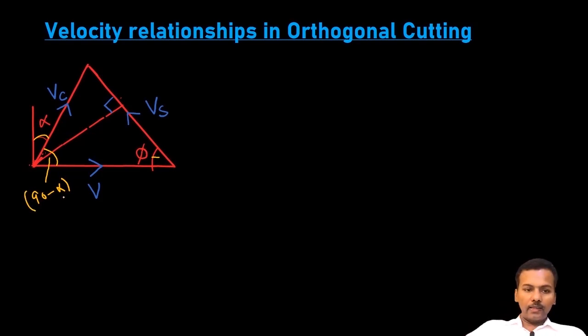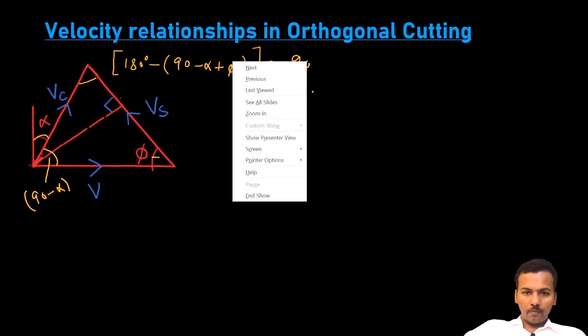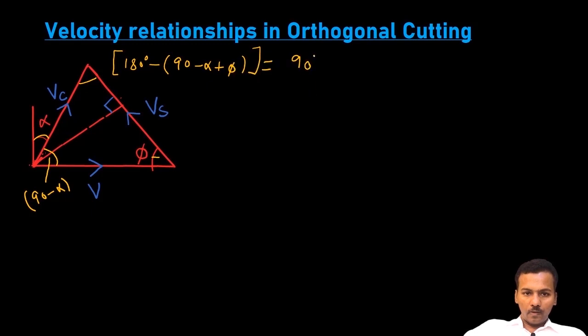Now when this angle is phi, and this angle is 90 minus alpha, this angle will become 180 degree minus the sum of these two angles, so 180 minus 90 minus alpha plus phi. So it becomes 90 minus phi minus alpha.